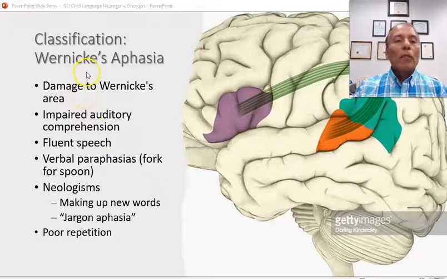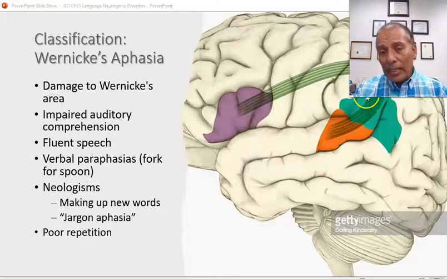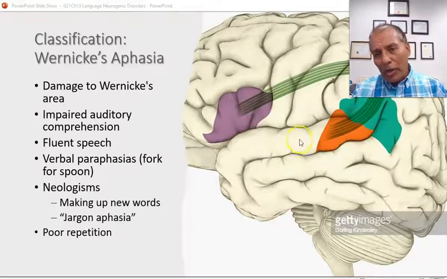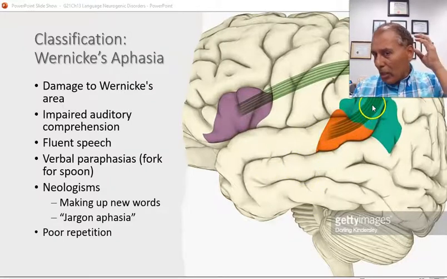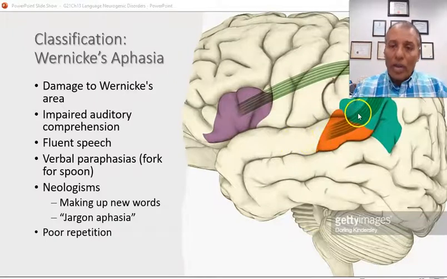In terms of Wernicke's aphasia, Wernicke's area is an area here in the posterior superior temporal lobe. So this is the temporal lobe here, and the posterior and superior temporal gyrus here.